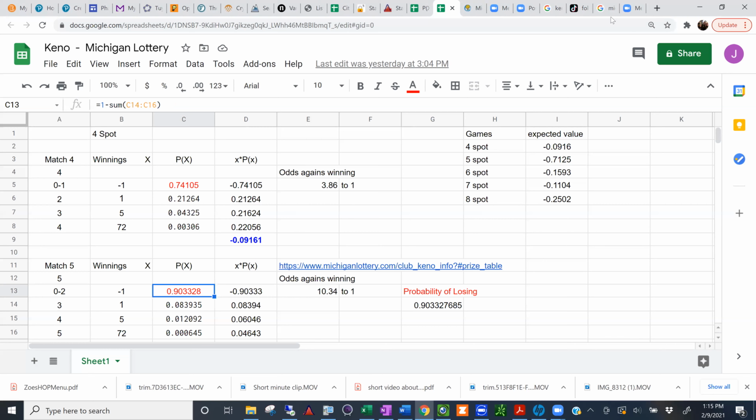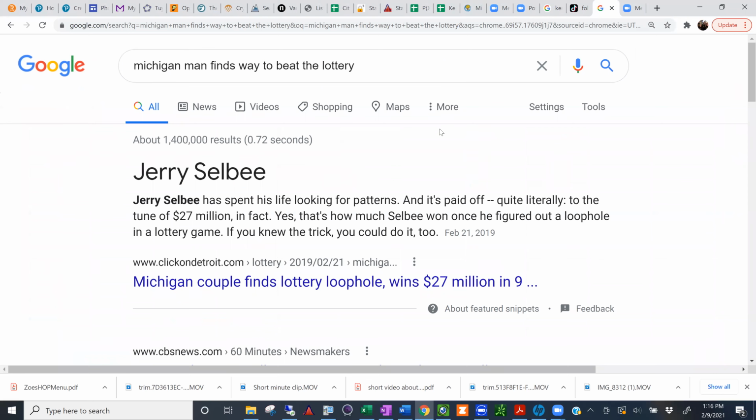Now, there was somebody from Michigan that figured out a way that a certain lottery game would have a positive expected value. Jerry Selby, and him and his wife started recruiting friends, and they made $27 million legally betting on the lottery. He figured out that when the Michigan jackpots had a roll down, there was actually a positive expected value to playing the game.